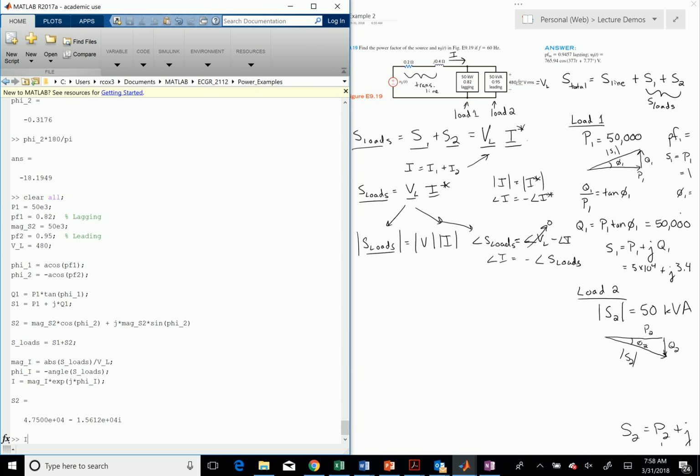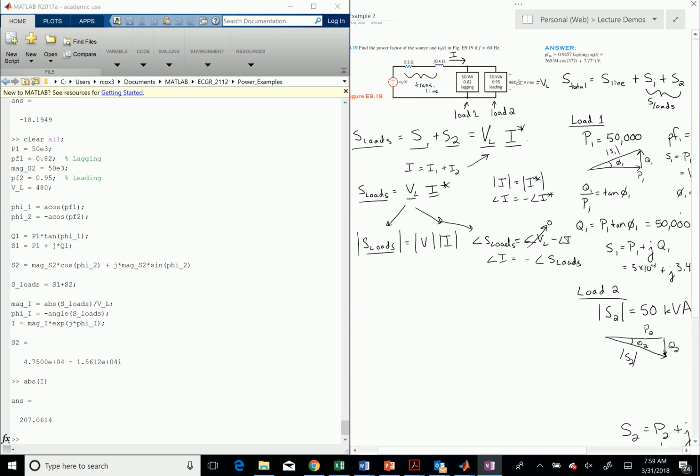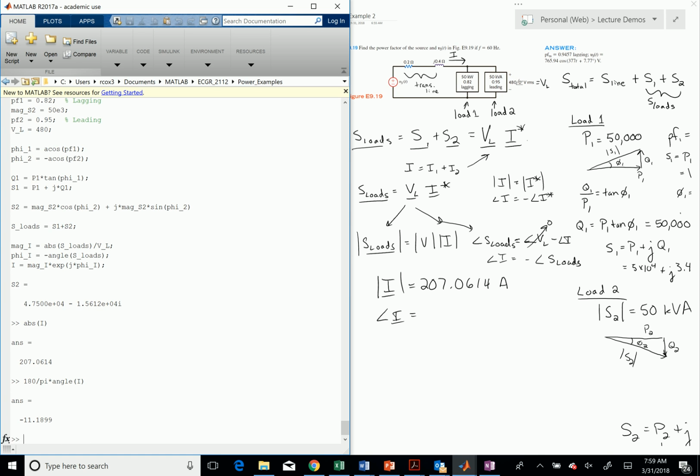Okay, and I end up with, let's see, abs I, so the magnitude of I is 207.0614 amps, and the angle of I, 180 over pi, again, because MATLAB does radians, we have to convert to degrees, times angle of I. This works out to be negative 11.1899 degrees.